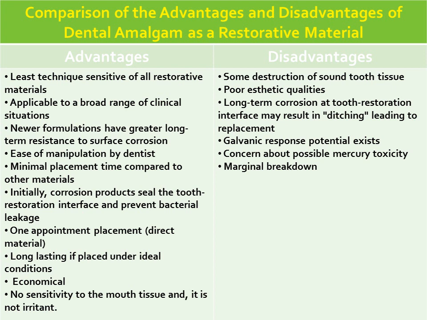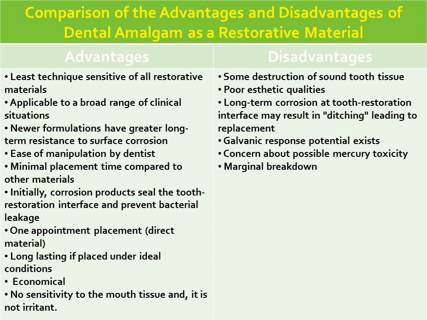Among the disadvantages of amalgam is the destruction of sound tooth tissue, as I mentioned in previous lectures. Amalgam has no bond with the tooth structure. Therefore, the bonding with tooth structure is mechanical, and we need a cavity with some features that resist displacement or fracture of the amalgam. In addition, it has poor aesthetic quality, as its color is metallic.